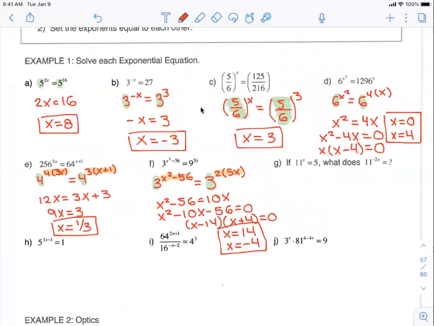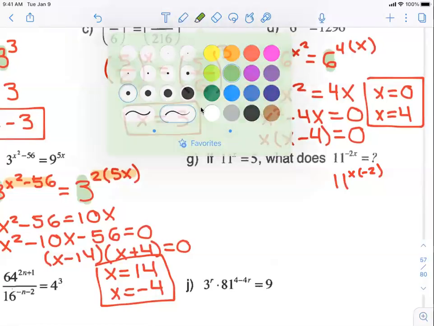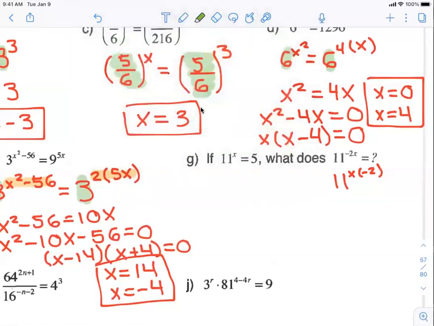Part G says if 11^x equals 5, what does 11^(-2x) equal? Well, if I rewrite 11 to the -2x, and I think of it as 11 to the x, and then I put that -2 kind of on the parentheses, notice that for your bases, both of these have 11^x and 11^x.